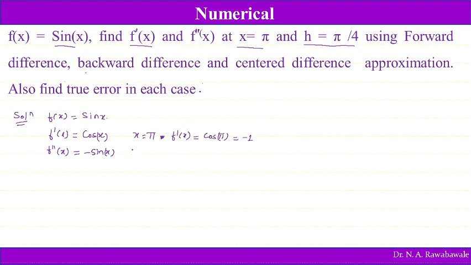If we substitute x is equal to pi in the second derivative, then f double dash of x is equal to minus sin pi. Sin pi is 0, so this is minus 0, that is zero. So the true value of f dash of x at x is equal to pi is minus 1, and the true value of f double dash of x is 0.